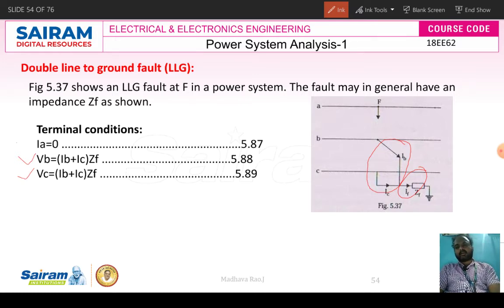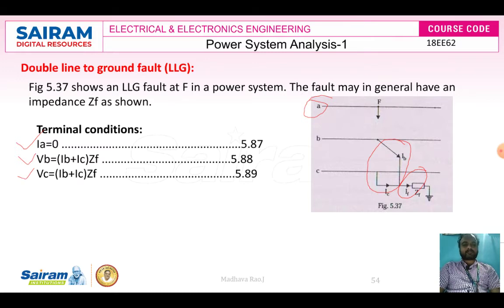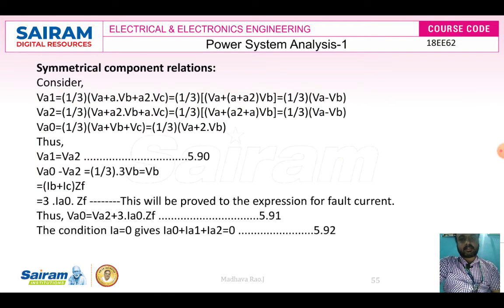The current flowing in A phase is equal to 0 since it is open circuited. Using these terminal conditions, we will find out the symmetrical component relations.